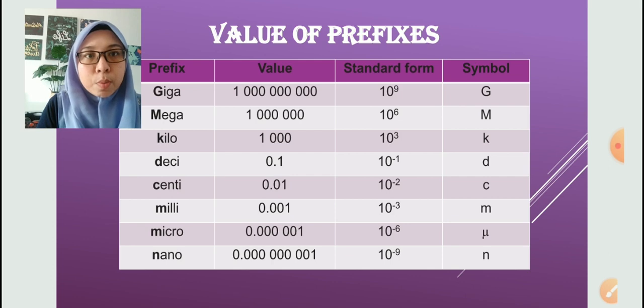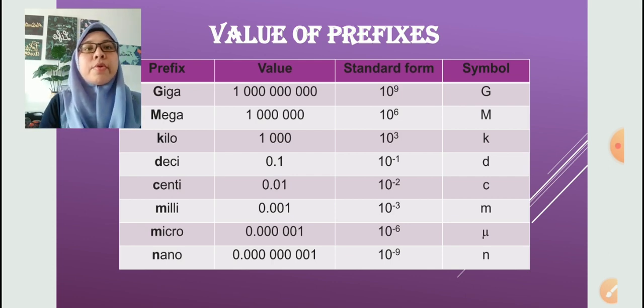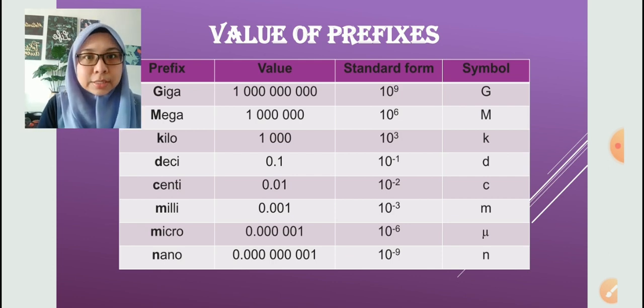Under the Form 1 syllabus, you need to memorize all these prefixes, starting with giga, mega, kilo, deci, centi, milli, micro, nano.